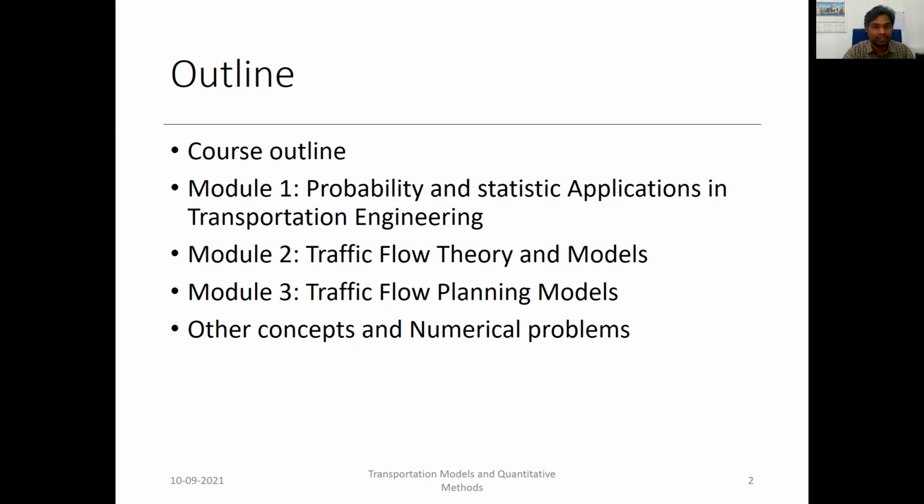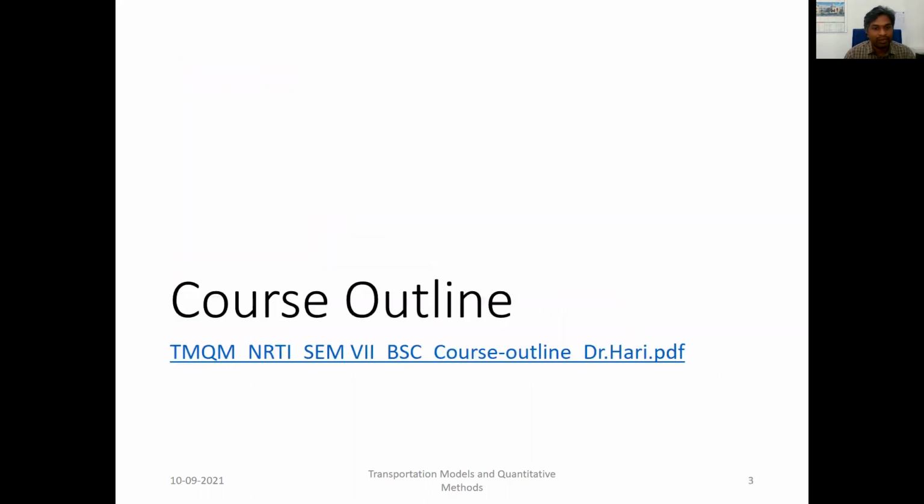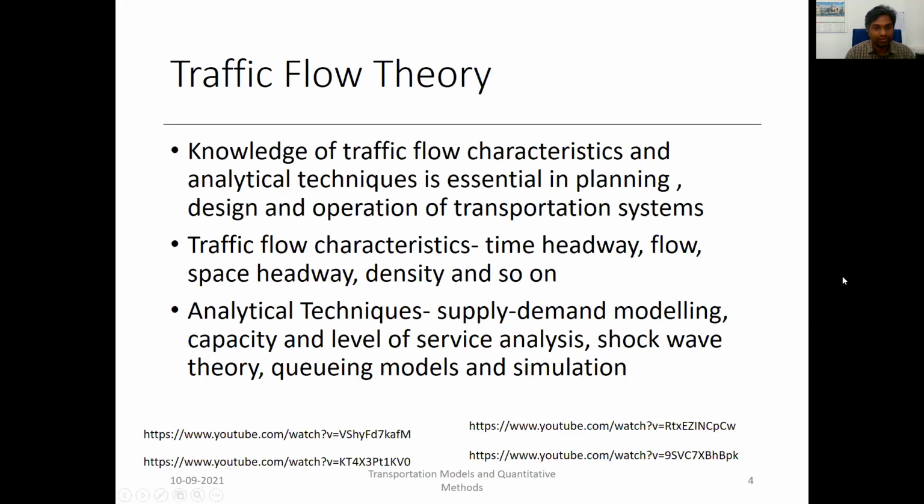The subject also consists of other concepts and numerical methods. So the student will have an idea of the applications of these models and the theories that we discuss in this particular subject.